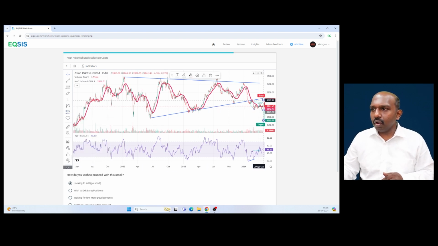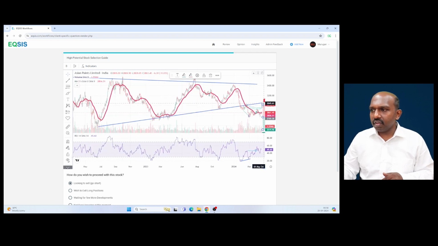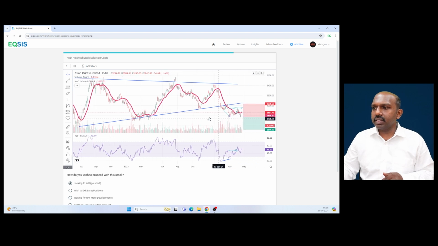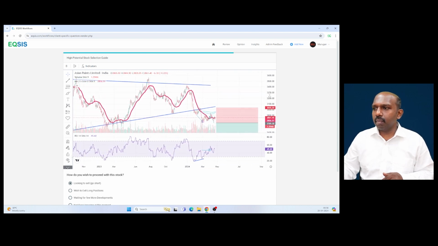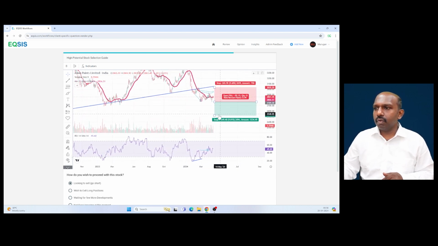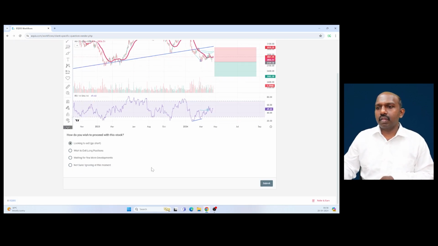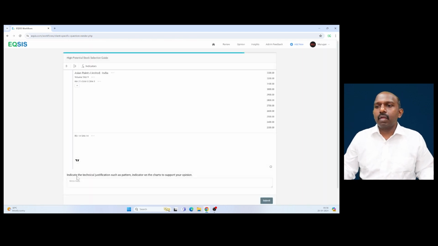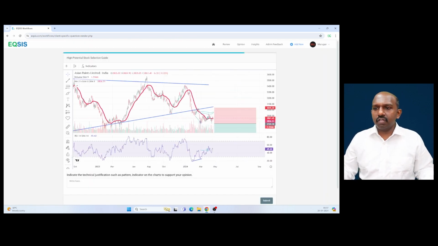We are okay to keep the stop loss between the gaps or slightly above the gap here, and accordingly I wish to adjust it for a 1:1 movement. So here is where we can look at this one. This is a stock we can consider for short, an indication from technical analysis.